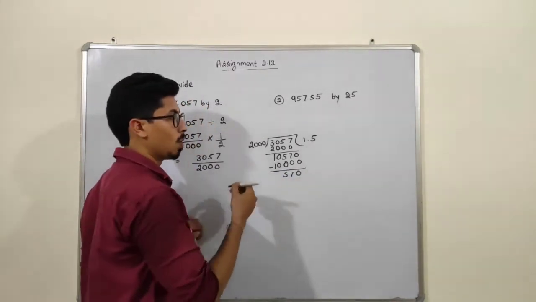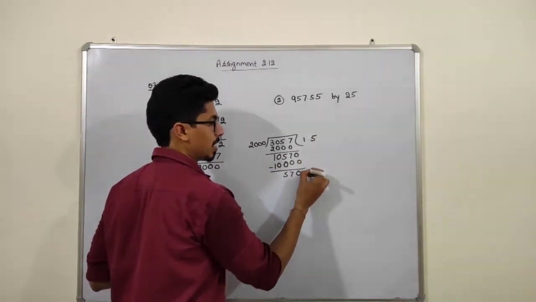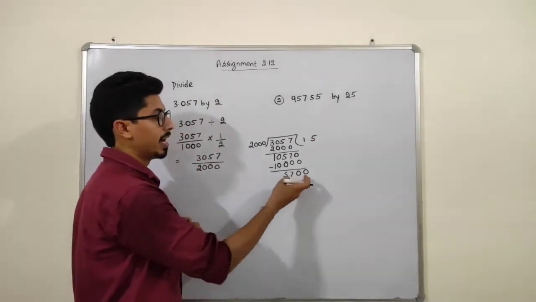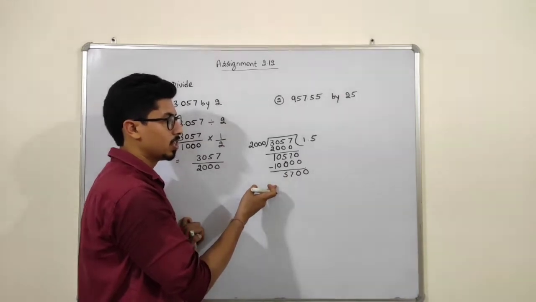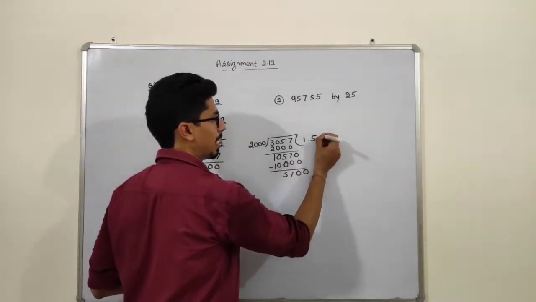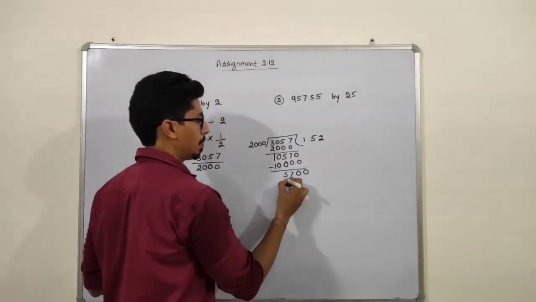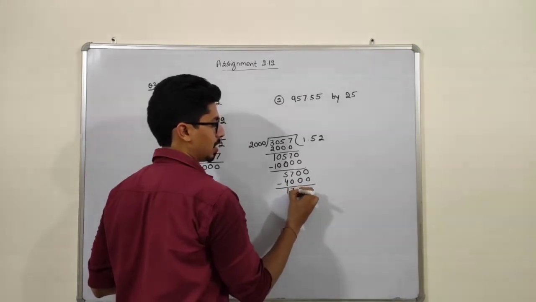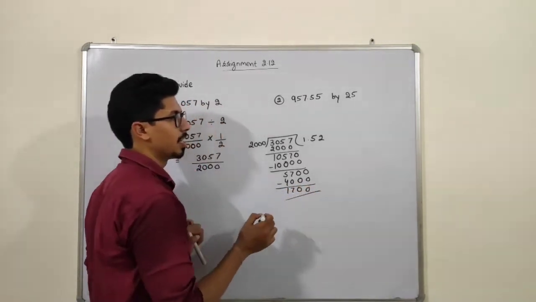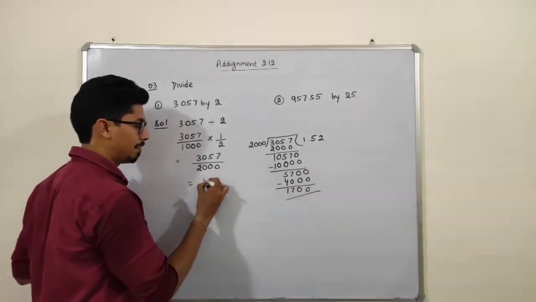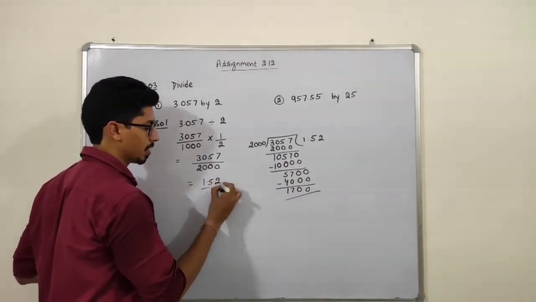Again I can put a 0 here, and it will be 5700 now. Again, if I multiply it by 2, it will be 4000, and it keeps on going like this. So I can simply say the answer is 1.52, and it is an approximate answer.